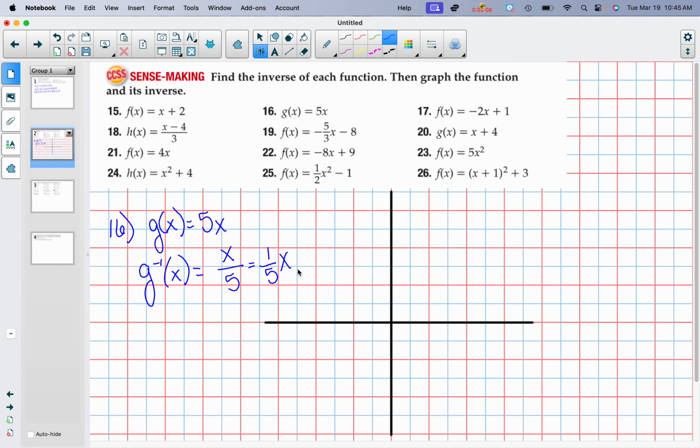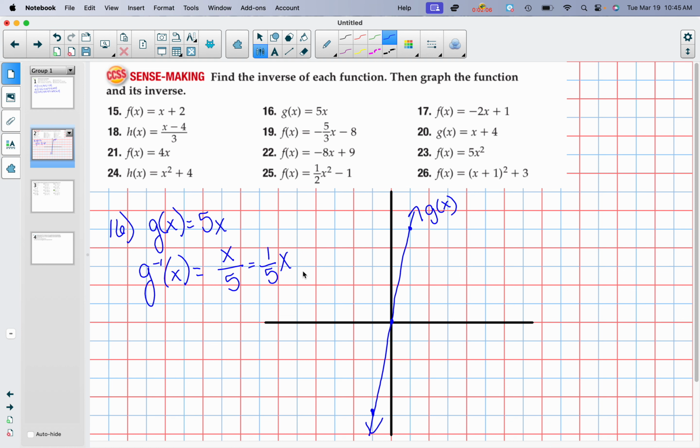When you go to graph this, we know that the y-intercept is 0, 0, and the slope is 5. So up 5 and over 1, or down 5 and over 1. And then you could graph that. So this is g of x, and it's a good idea to label that.